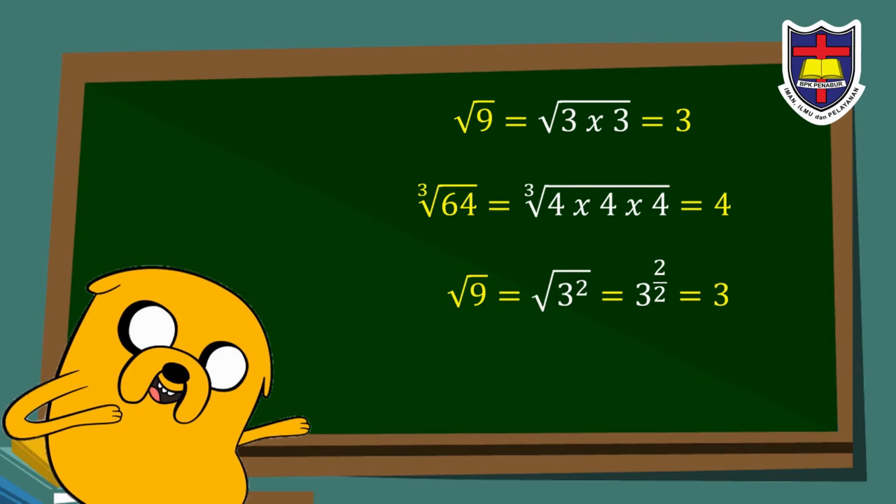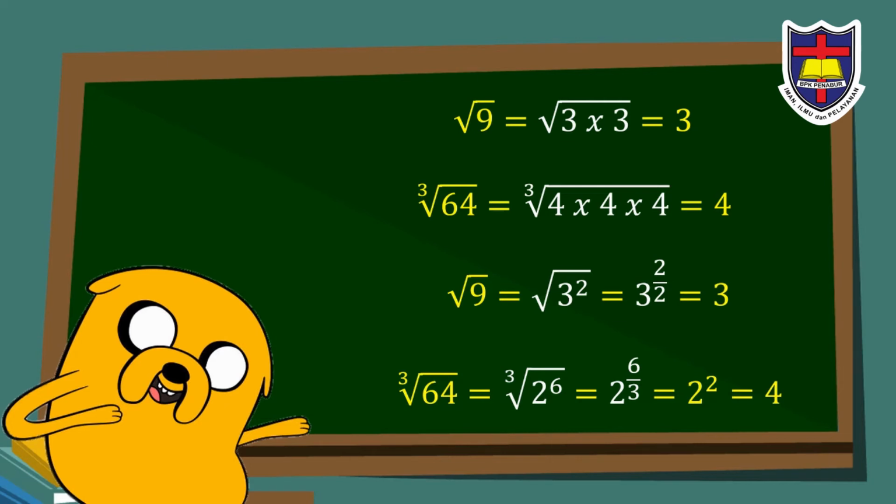So now let's see third root of 64. 64 is equal to 2 to the power of 6. Let's see the pattern here. So the power in the radicand will be divided by the index.